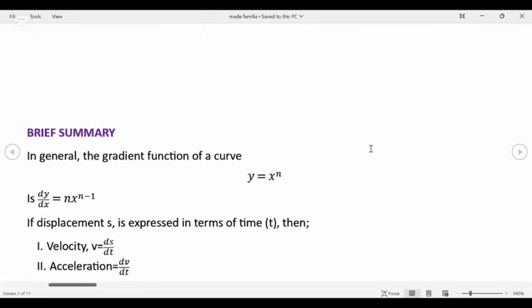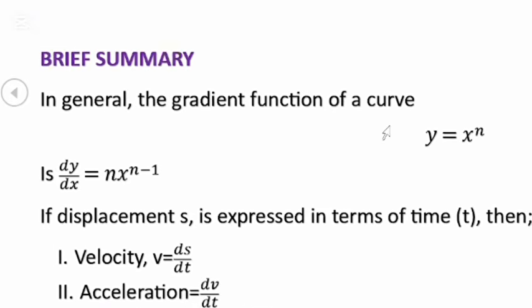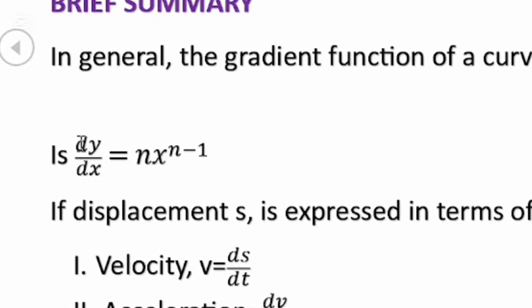The statement here states that in general, the gradient function of a curve is given by dy over dx. The dy here represents differentiating y, and the dx means with respect to x.